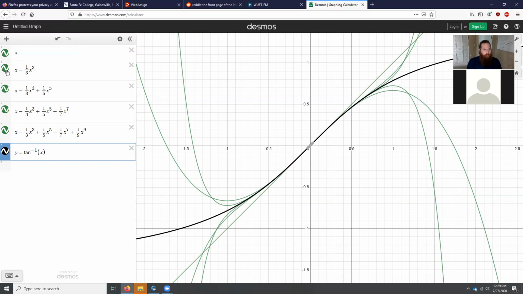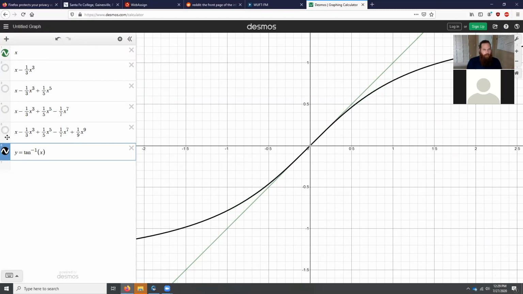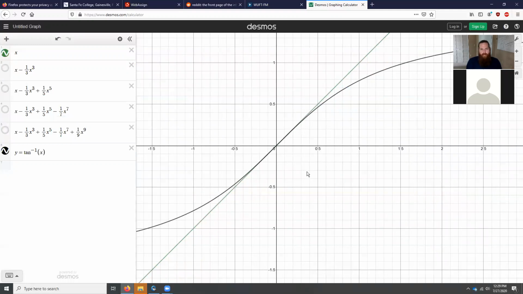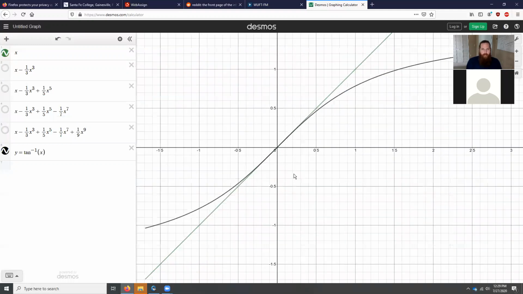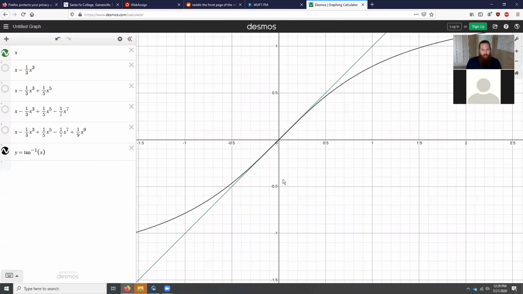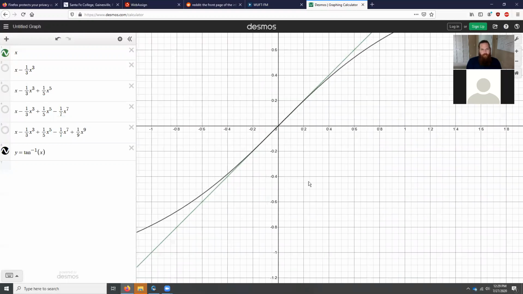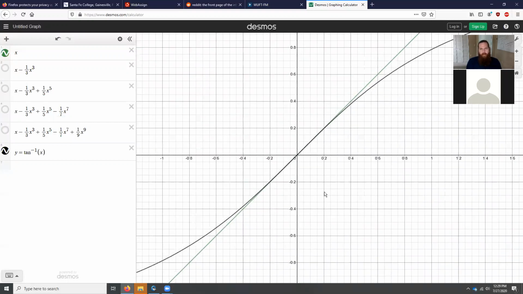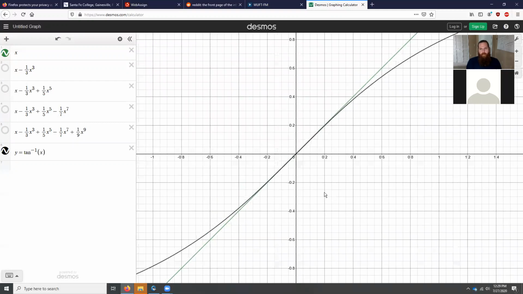Okay. So black is arctan. Green is the first partial sum of my series. And I'm going to zoom into the interval -1 to 1. The green is actually the tangent line to the black at 0.